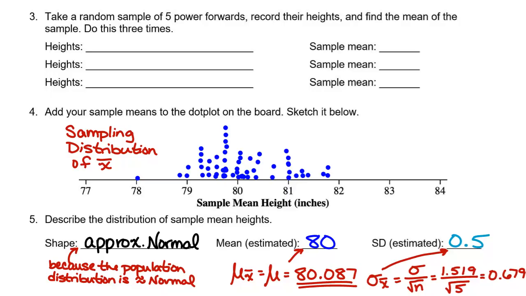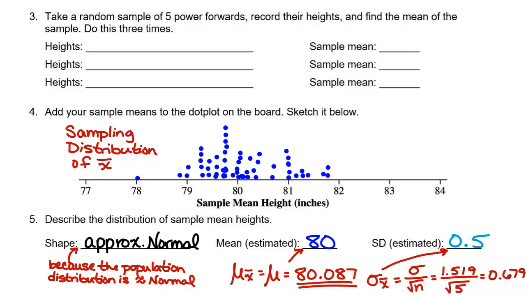Number 6, use a normal distribution to find the probability of taking a random sample of 5 power forwards and getting a sample mean of less than 79 inches. What's the first thing I need to do on number 6? Draw. We're going to draw a picture.